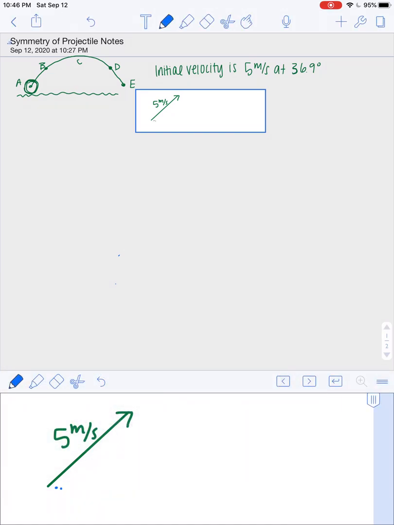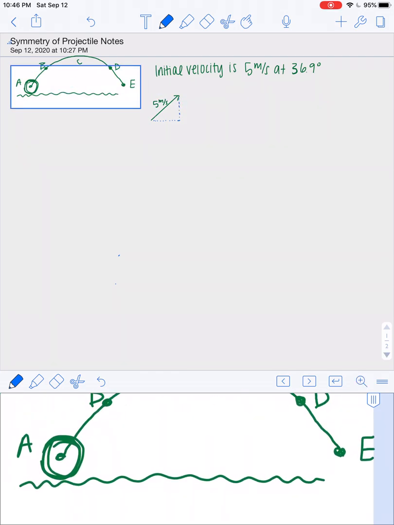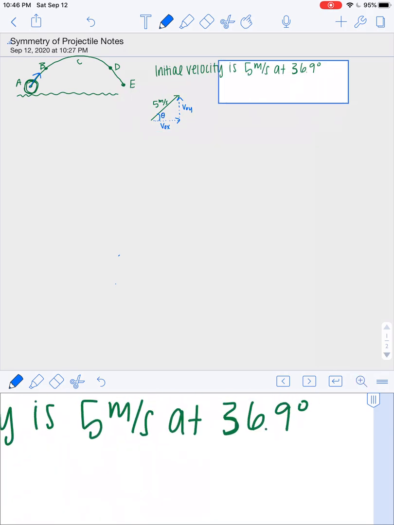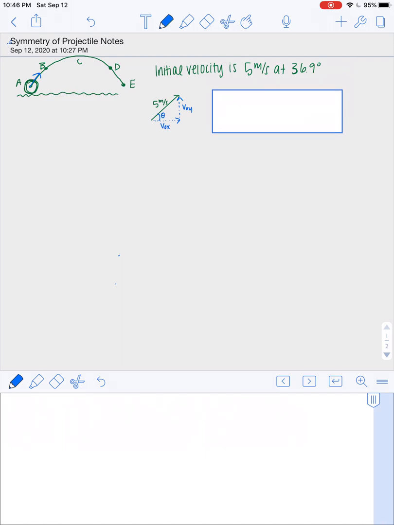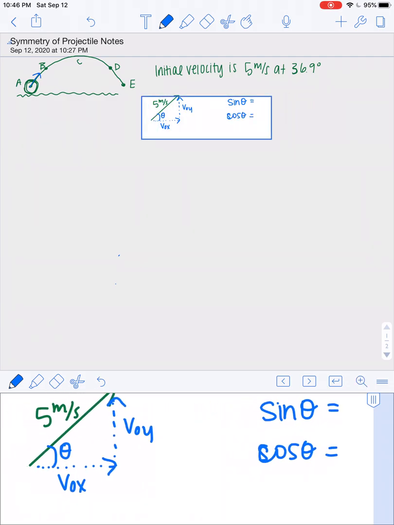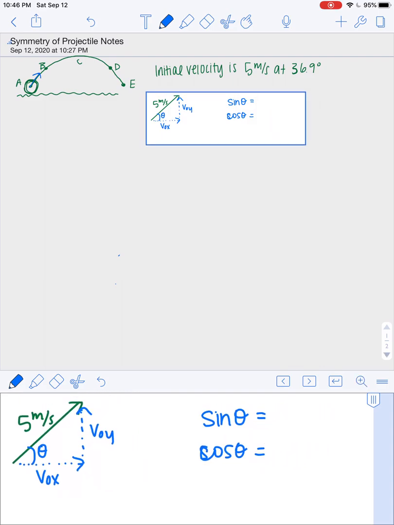And when I look at this diagram, I see that my vector is going to be going up and to the right. And so my components need to be up and to the right as well. And then I know that this is theta, or that 36.9 degrees. So I'm going to break down my sine of theta and cosine of theta in terms of these velocity variables.